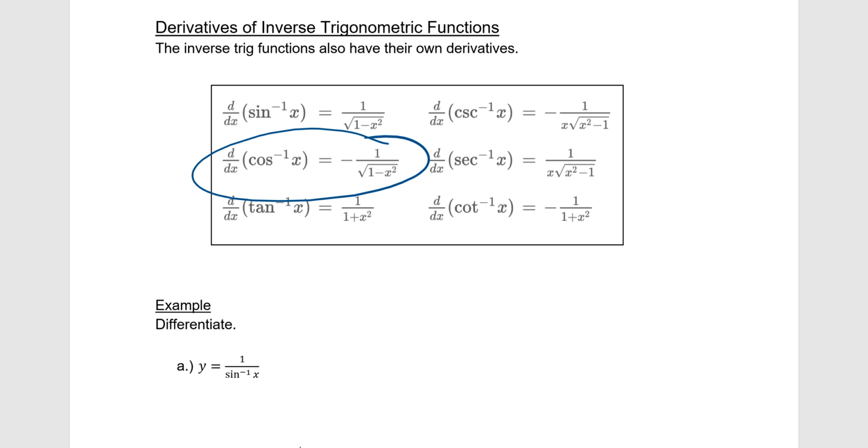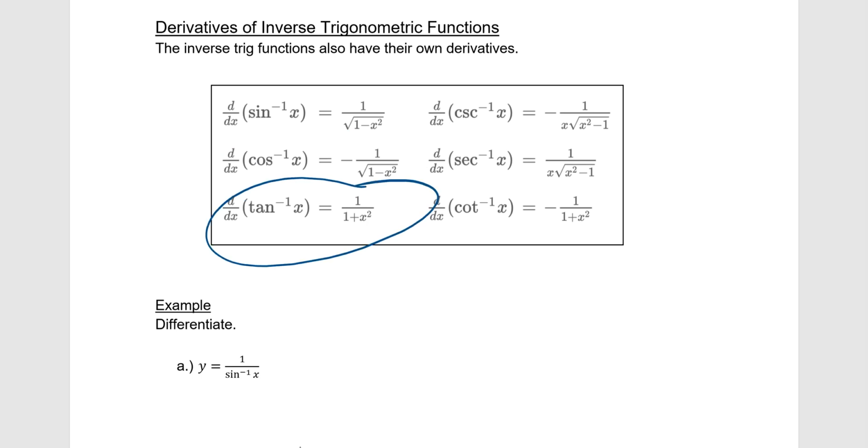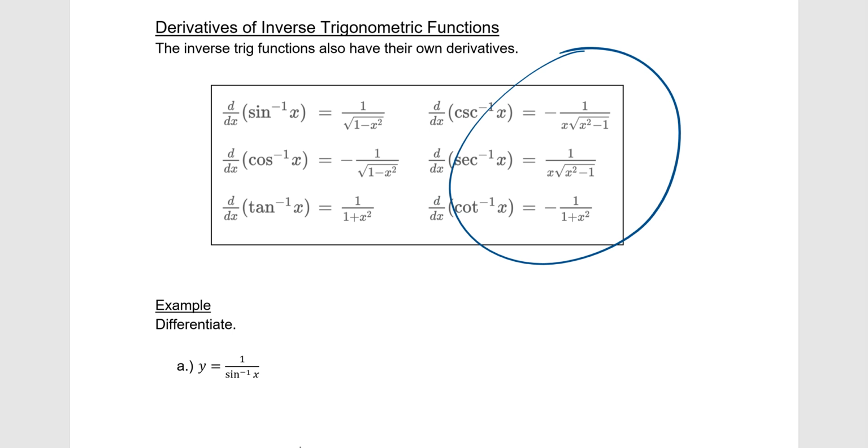Derivative of tangent inverse, 1 over 1 plus x squared. And then I'm sure you can read these off on your own. So try to get these memorized as well. They're not as difficult to memorize as it may seem because there's a nice pattern to it. As you can see, the sine and cosine inverses are almost the same, except cosine inverse is negative.